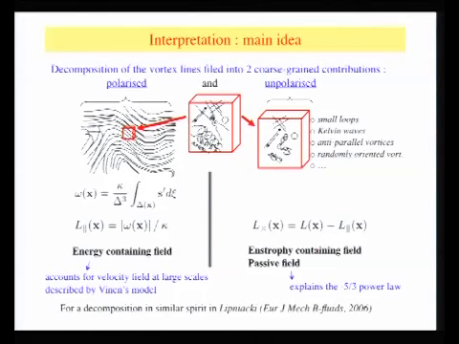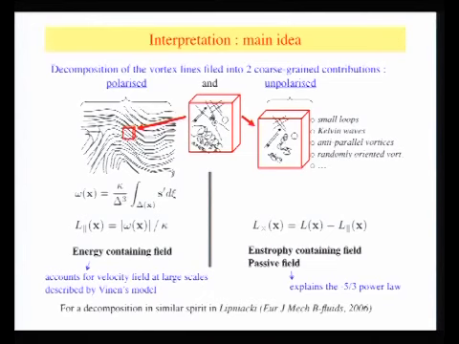On the other side, for the unpolarized field, we can also find its vortex line density, taking the vortex line density of the initial box minus the one defined here.